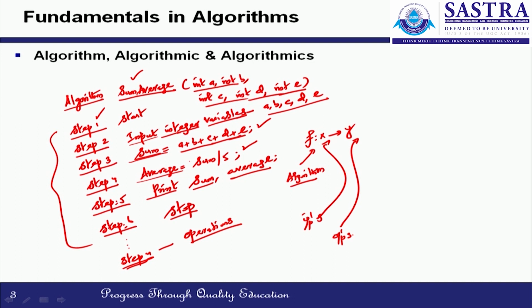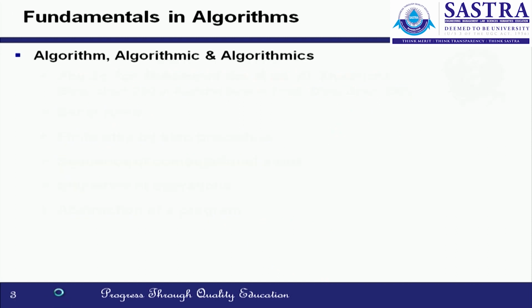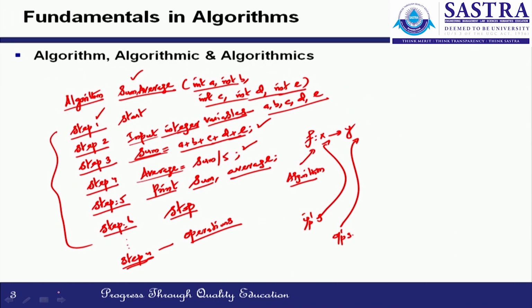So in each step we are given an operation, that is a computational step. The sequence of computational steps, one after another. Step 1 is executed first, then step 2, then step 3. So in what order are the steps going to be executed? In sequential computation.